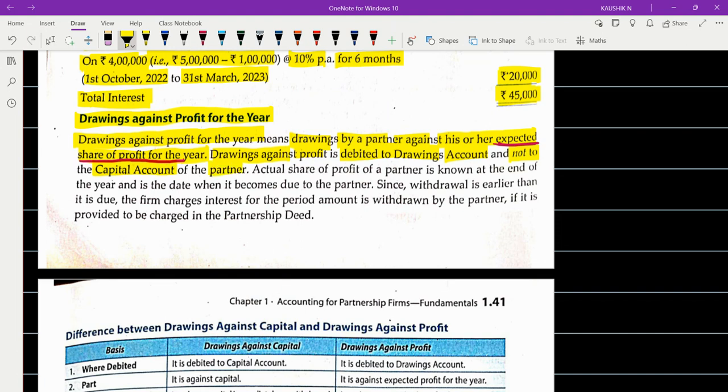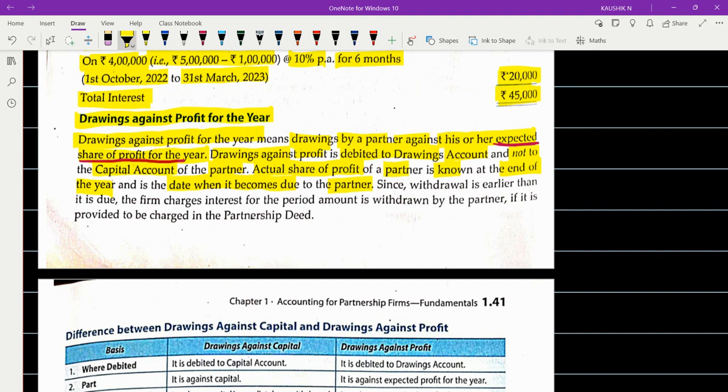Drawings against your profit is debited to the drawings account and not to the capital account of the partner. Is it clear to you? When you withdraw from the profits, it is debited to which account? Drawings account and not the capital account of partners. The actual share of profit of a partner is known at the end of the year, and there is a date when it becomes due to the partner.